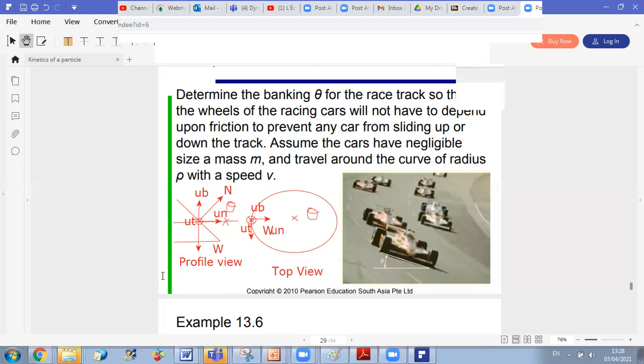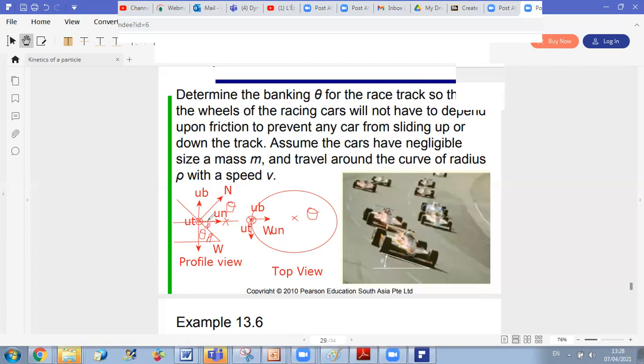Okay. Now, in order to project the normal on UN, UB, I need to know the angle. And since I know that this angle of the inclined plane is theta, and we have these two angles equal, this is also theta.